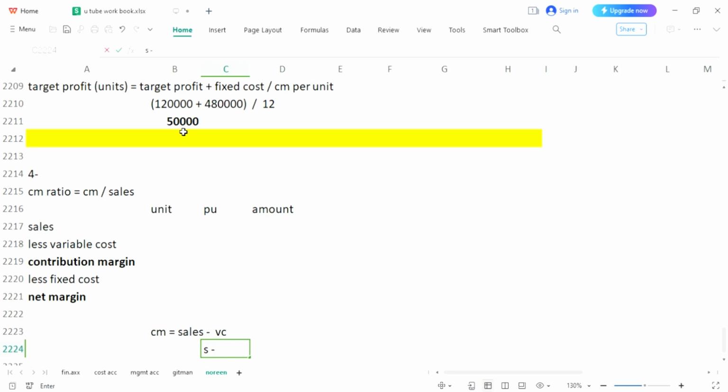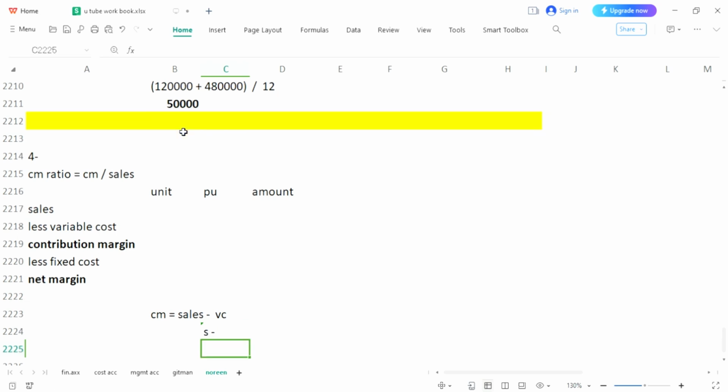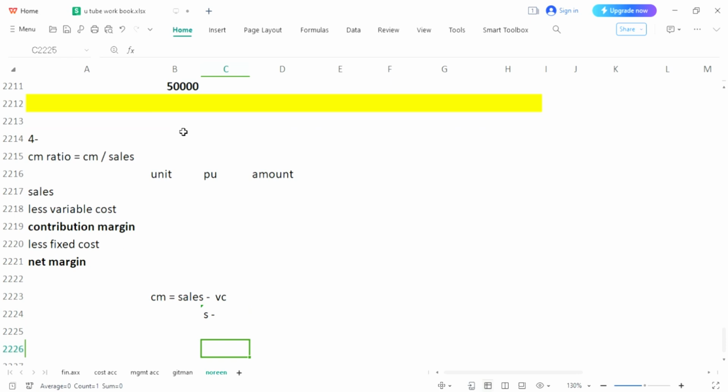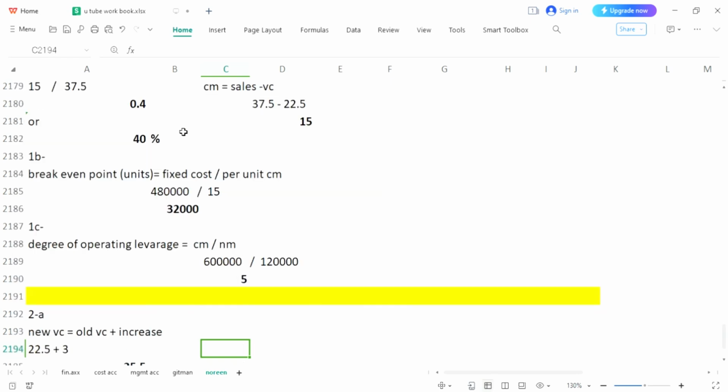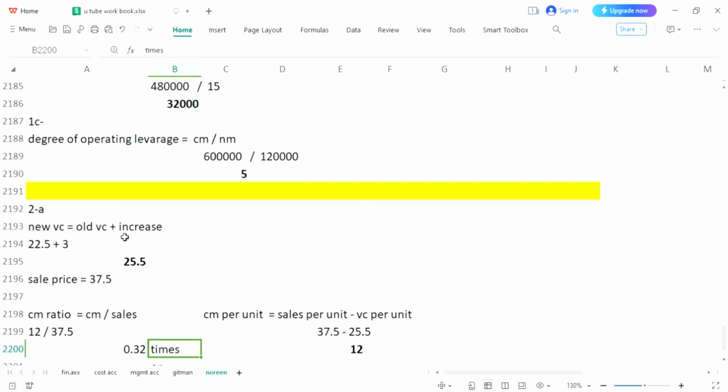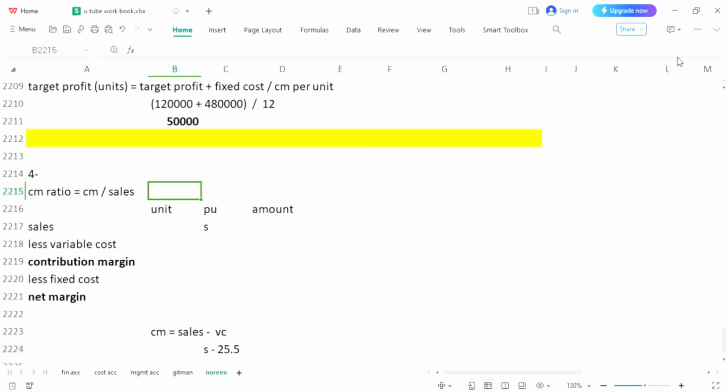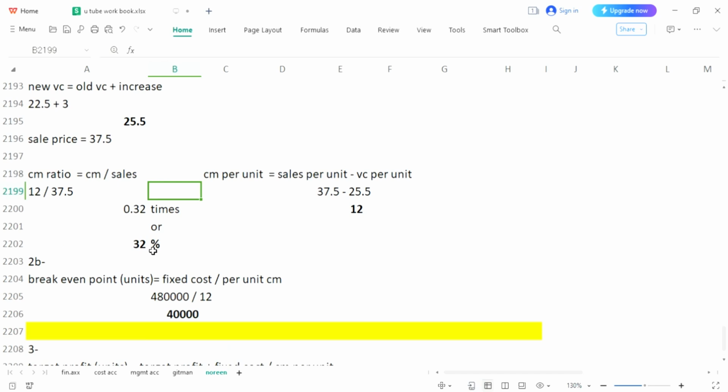Okay, then your sale price is unknown over here because you want to change it. Your variable cost was changed in part 2, reference is given in part 2. So here your new variable cost was 25.5. Okay guys, and the CM ratio was calculated, please look at over here in part 2.